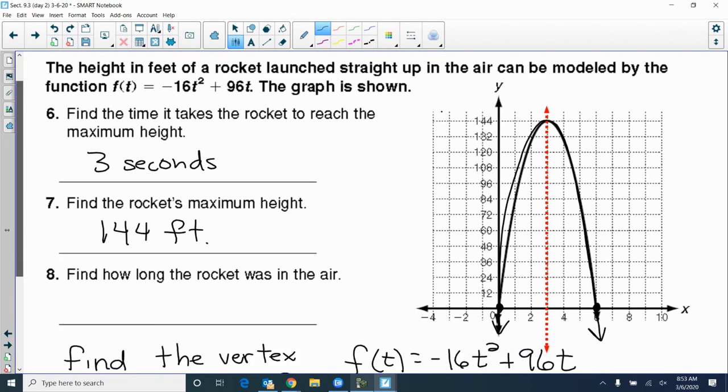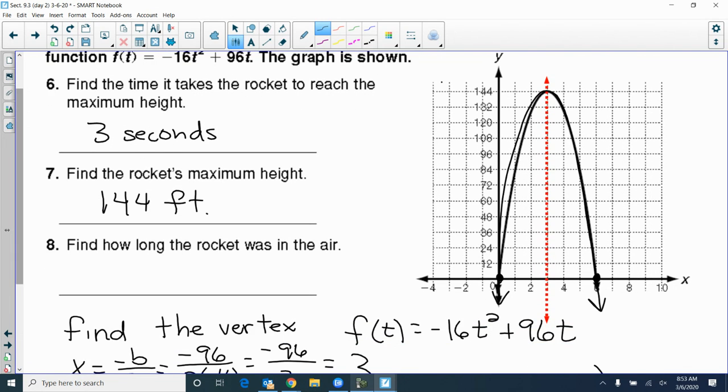Once you know the vertex, it takes 3 seconds to get to the top. How many seconds to get back down to the ground? Another 3. So a total of 6. So you always double that. So how long was the rocket in the air? 6 seconds. Okay.